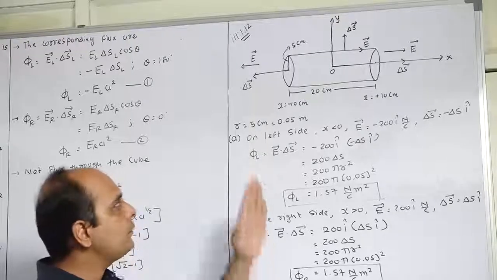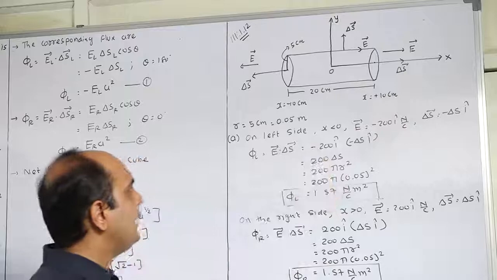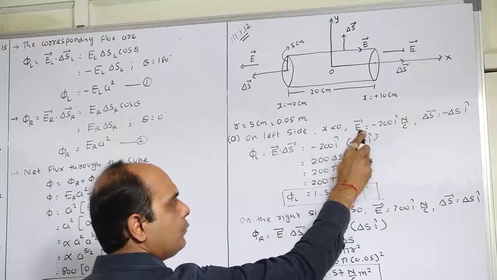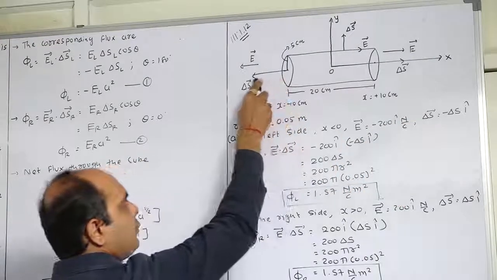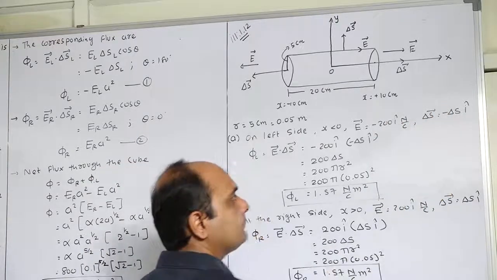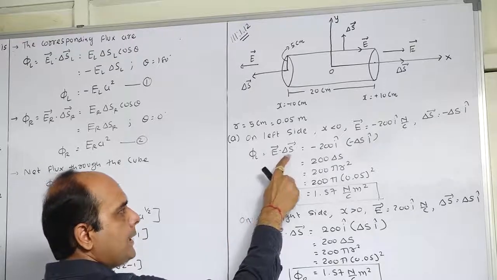First calculation is for the left hand side face. Second calculation is for the right hand side face. For the left hand side, x is less than 0, so the electric field E is equal to minus 200 i cap, Newton per coulomb. This is again towards left, so we write vector delta s is equal to minus delta s i cap. So the flux on the left hand side, phi L is equal to vector E dot delta s.